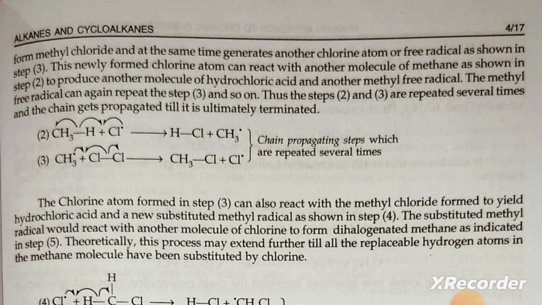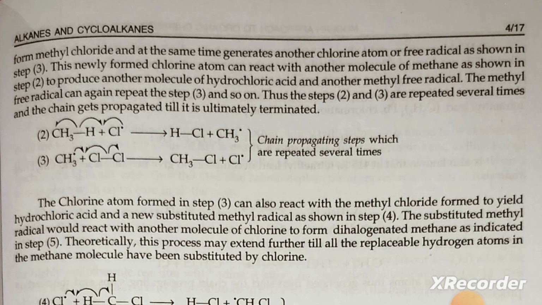This newly formed chlorine atom can react with another molecule of methane as shown in step 2 to produce another molecule of hydrochloric acid and another methyl free radical. The methyl free radical can again repeat step 3 and so on. Thus steps 2 and 3 are repeated several times and the chain gets propagated till it is ultimately terminated.